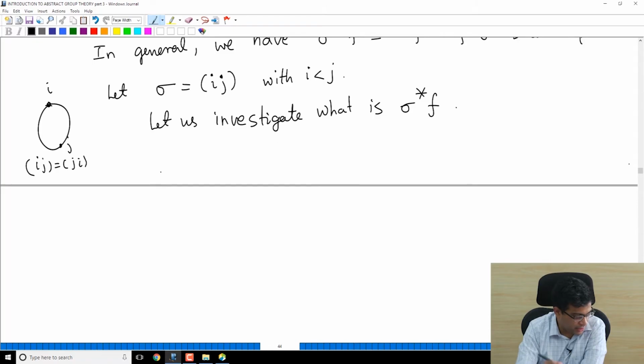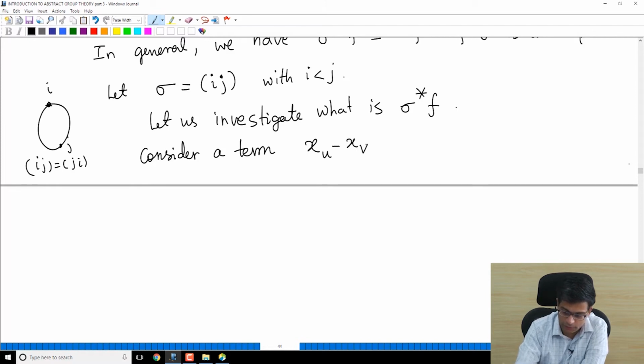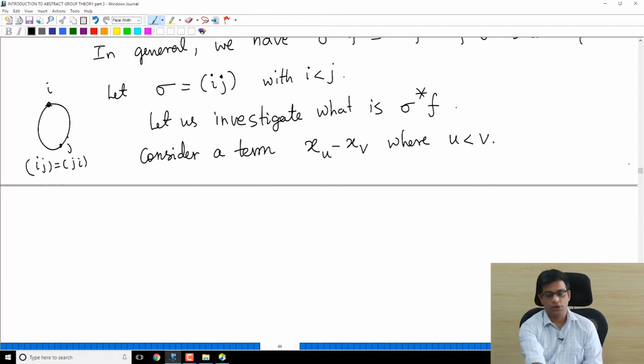Okay, so consider a term of the form x_u minus x_v, where u is less than v. Remember, because I have used i and j to denote sigma, I have now used u and v to denote a term.